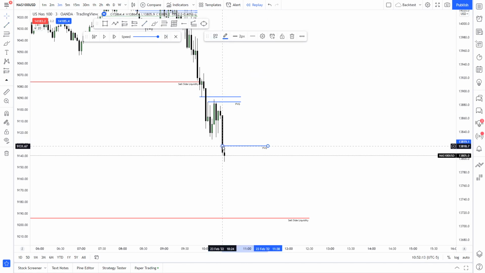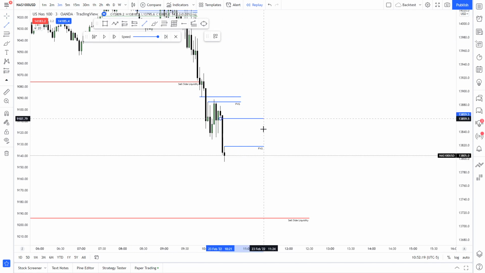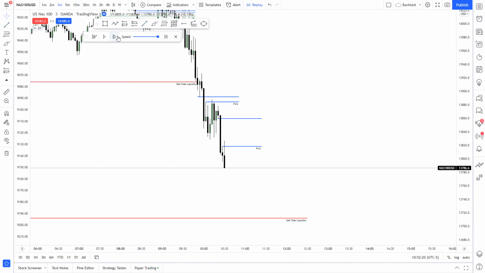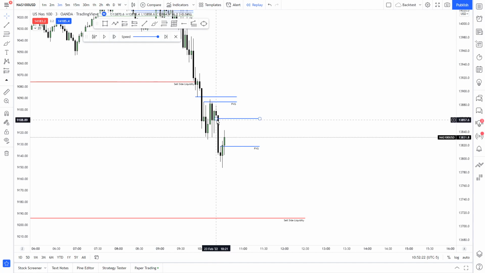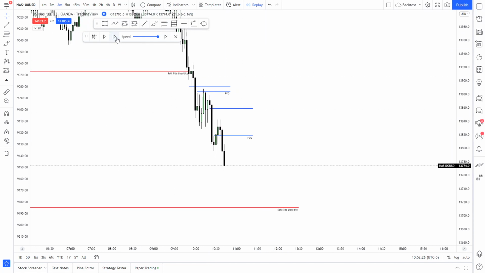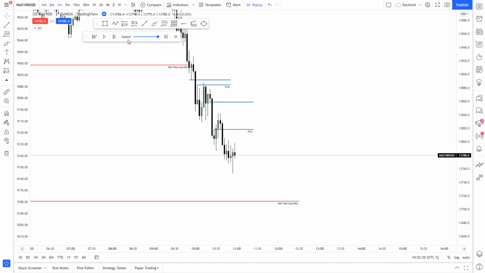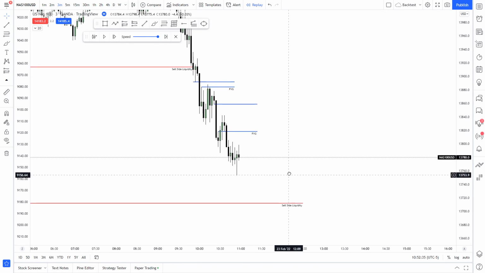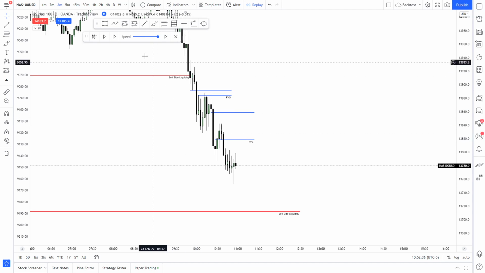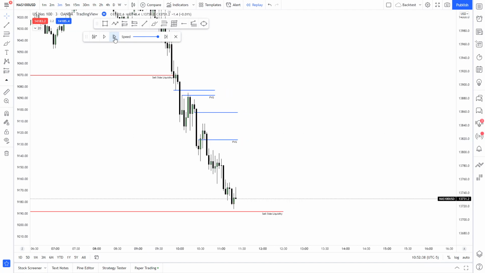Should give us another entry right here, and yep, that gives you a FEG entry right there. Now we can look for it to continue going down for the liquidity.